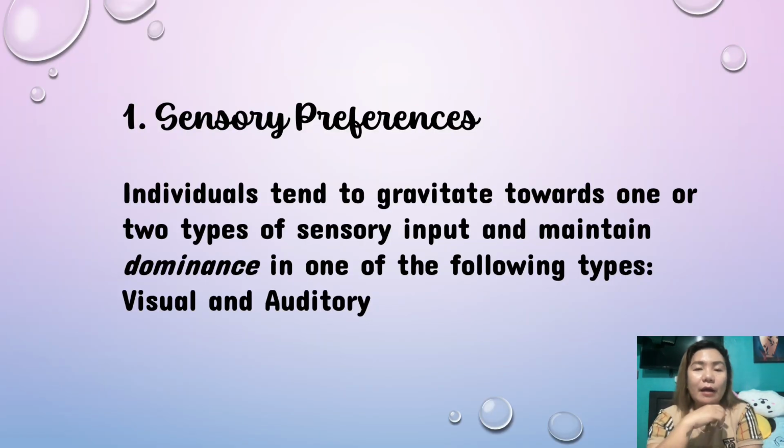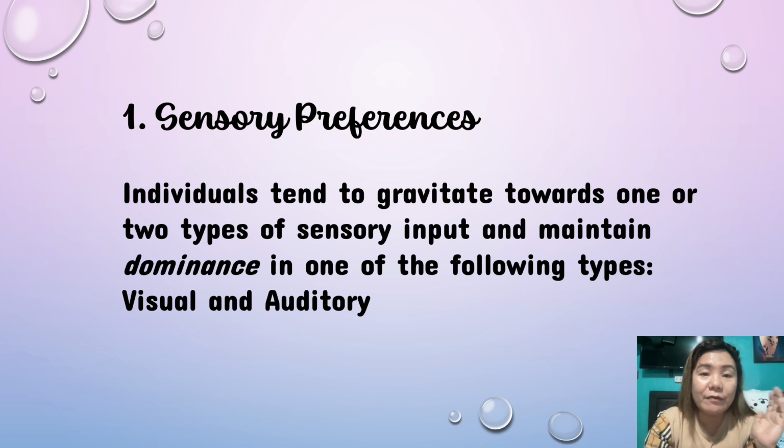So, one preference is the sensory preference. Individuals tend to gravitate towards one or two types of sensory inputs and maintain dominance in one of the following types. So, some would be dominant in visual, or others in auditory.